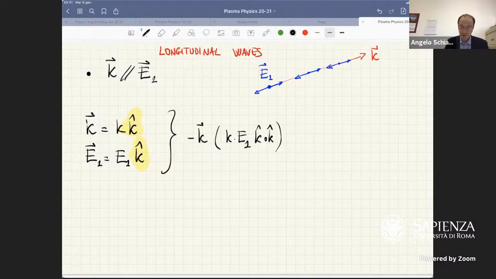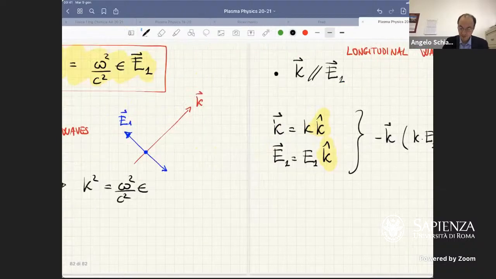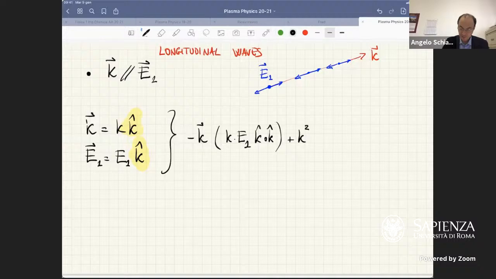Then we have plus k squared E1 times the k vector, and we see that the first term becomes minus k squared E1.